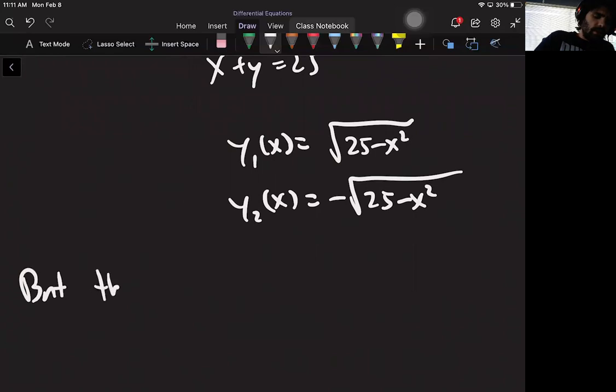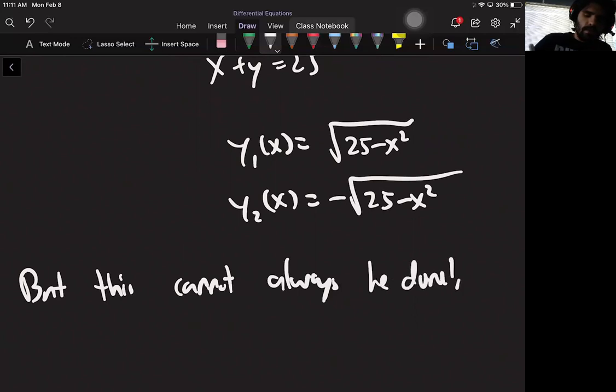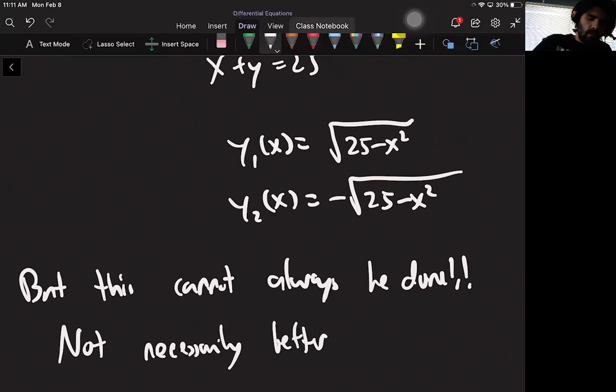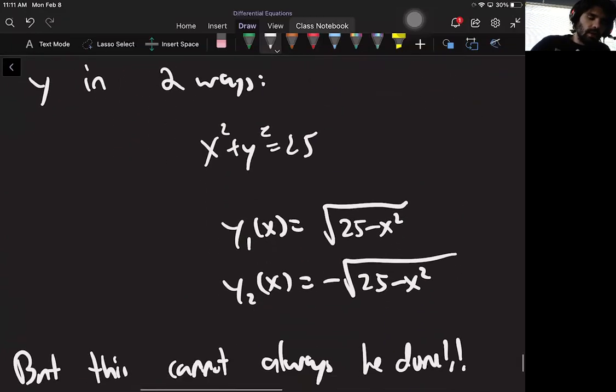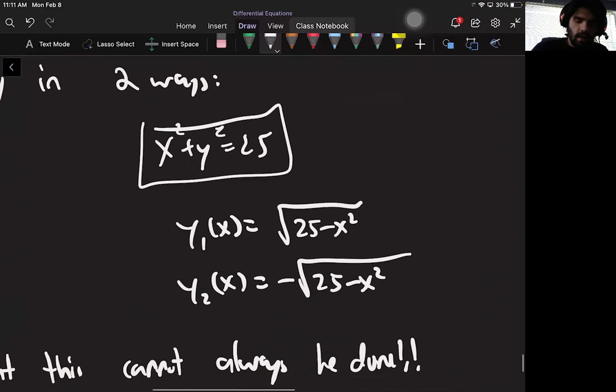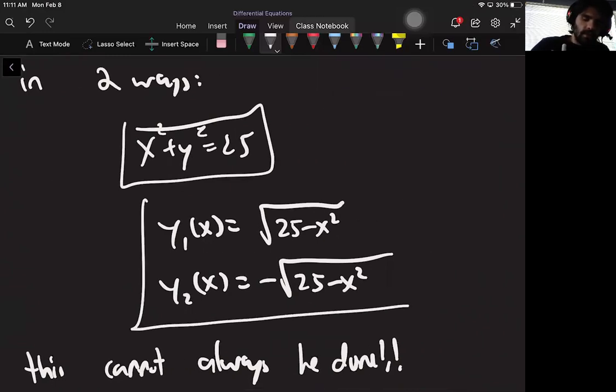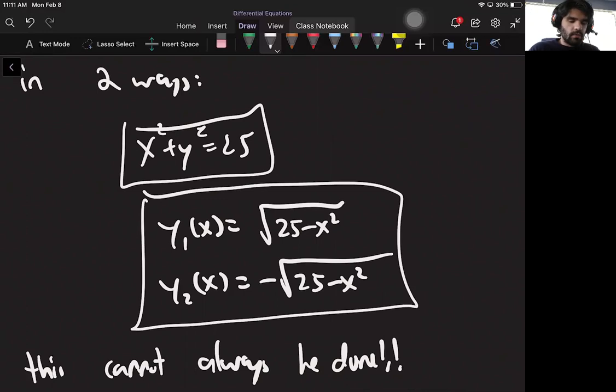But this cannot always be done. So don't always try to do this or anything. There's nothing wrong with an implicit solution. So if you solve the differential equation and you've got this as your answer, that would be fine. It's not necessary to try to create explicit solutions from that implicit one.